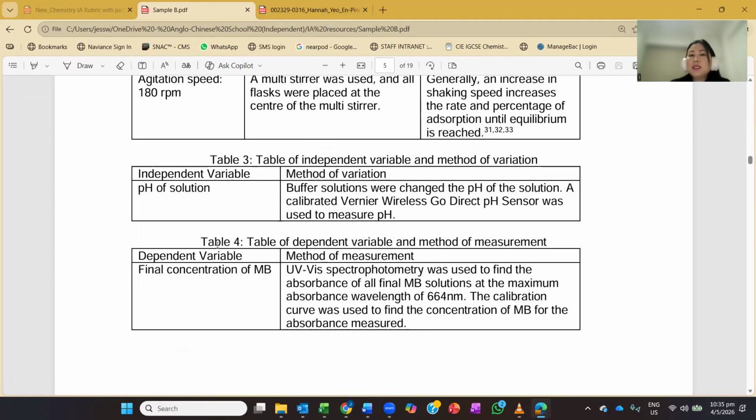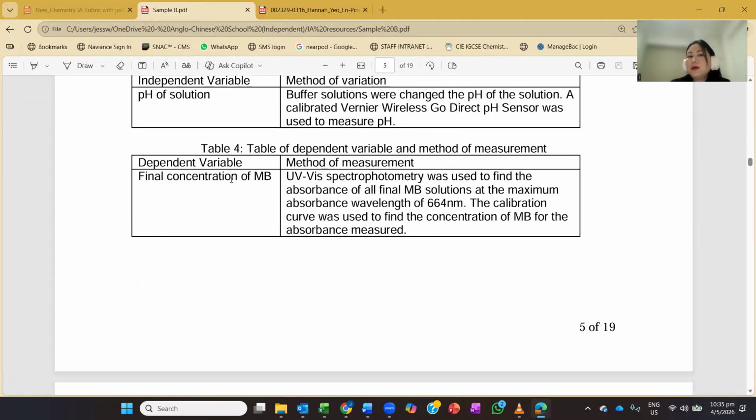And then state what is your independent variable, the pH. I will measure how you varying it. I will adjust using a buffer. This is not a good example because the person didn't put down the range. So you follow my form. Okay? Dependent variable, what are you measuring? For measuring the absorbance to find out the final concentration. So you will state how you are going to measure your dependent variable, etc.